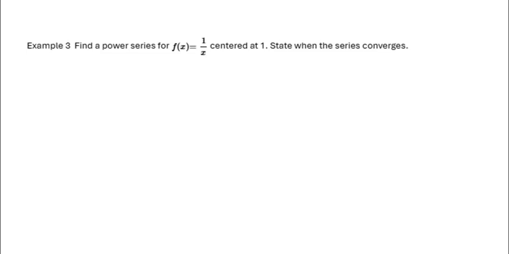Now we have another rational function which we want to represent with a power series. Our first goal is always to represent the function f of x in the form a over 1 minus r. So if I'm trying to write this as 1 minus r in the denominator, I know I'm supposed to have a positive x in the denominator, and so I need to put a negative x inside the parentheses so that negative x will turn positive when the minus sign is distributed.